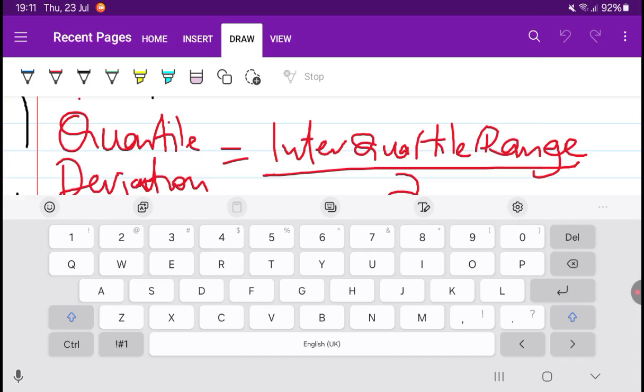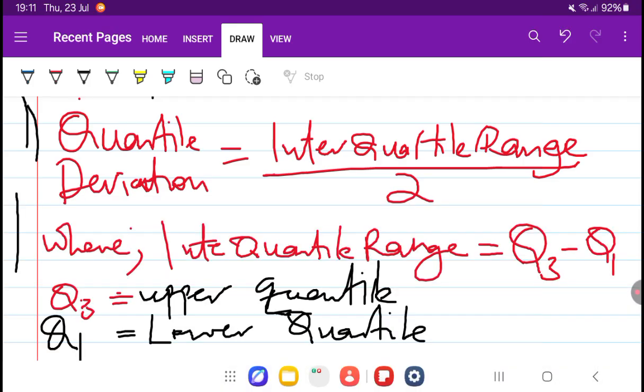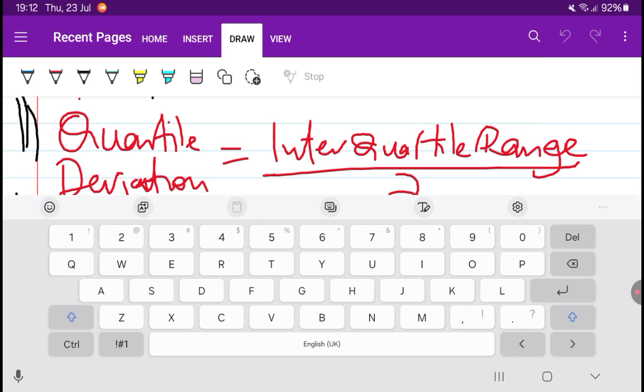Of course, we have now come across some different terminologies that we need to understand so that we can move forward. Whenever we are talking about these quartiles, we have different types of quartiles. We have the first quartile, which is the Q1, or what we call the lower quartile.